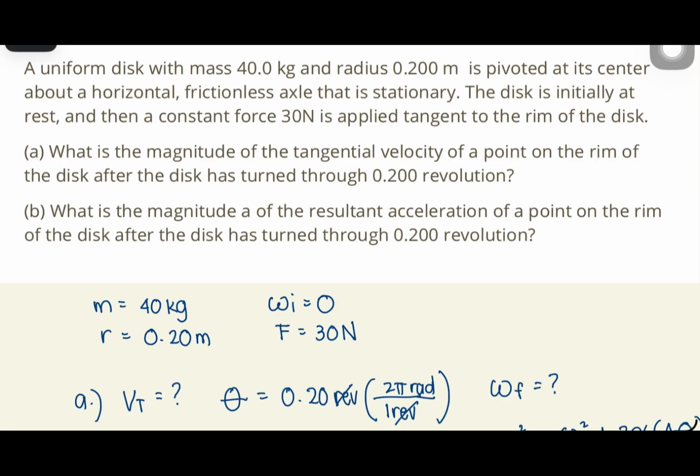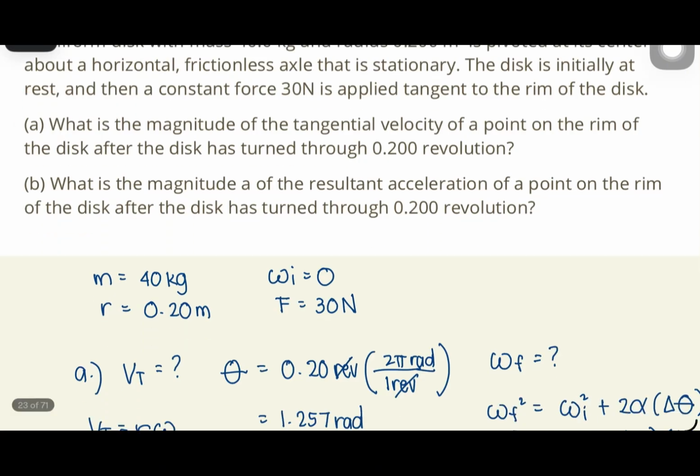Then, yung radius ng uniform disk is 0.200 meter. The force is equal to 30. Then, yung initial angular speed niya is 0 kasi nag-start siya at rest.